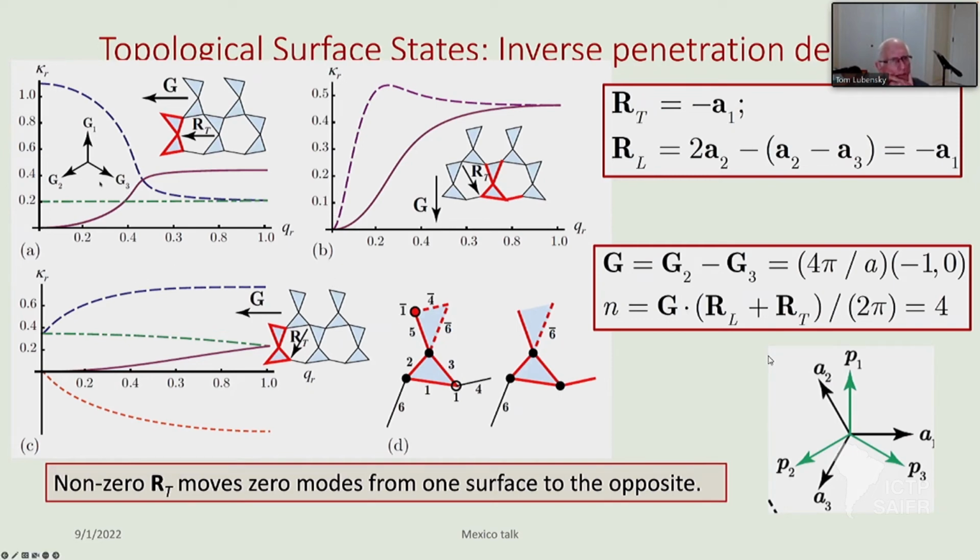So you can see now how RT moves zero modes from one side to the other. Here, I was looking at this unit cell, for example. It comes from moving this 6 up to here, so the dotted line is the 6 going that way, and the other dotted line is this one.